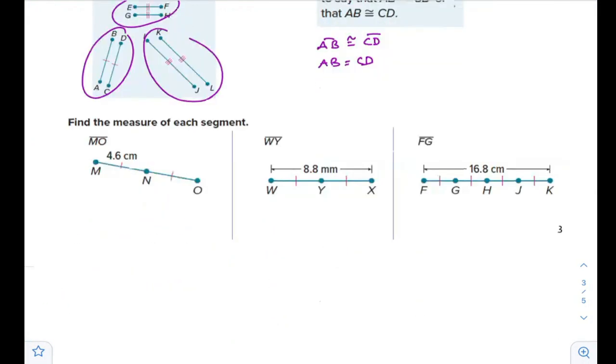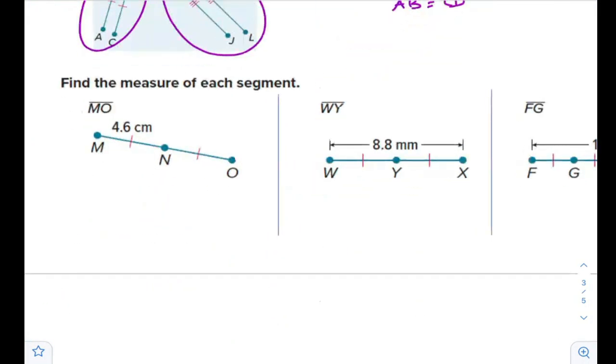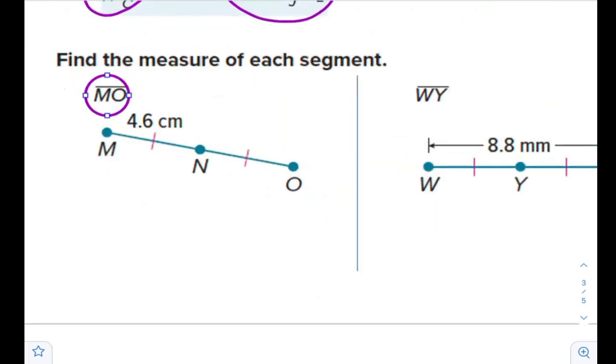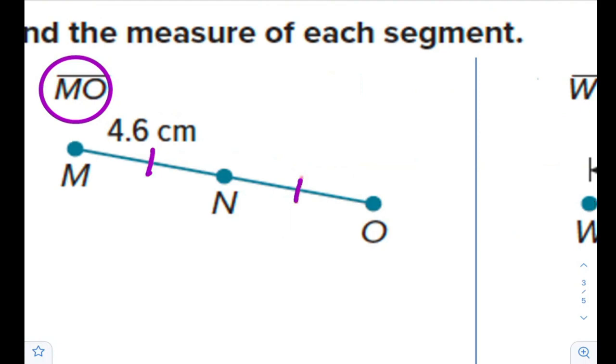Let's apply the congruent segments to find missing measures. Here you are asked to find the measure of MO. Since we have the same tick mark here, that means MN is exactly the same as NO and it's equal in measure. So this part is 4.6 centimeters.